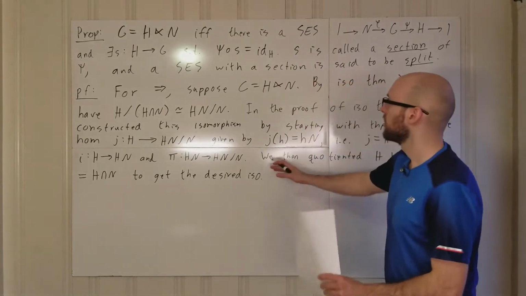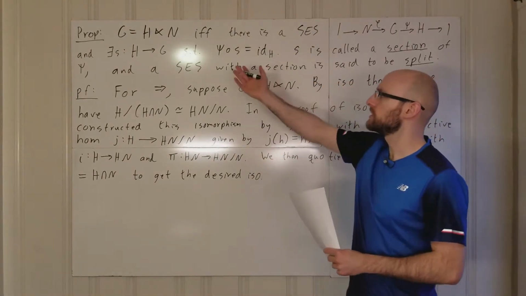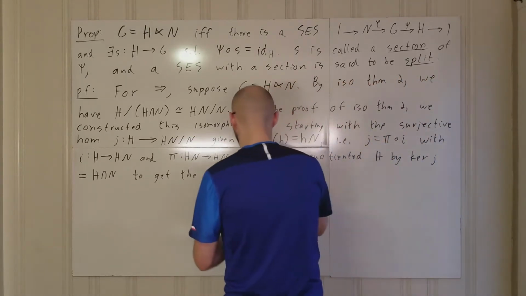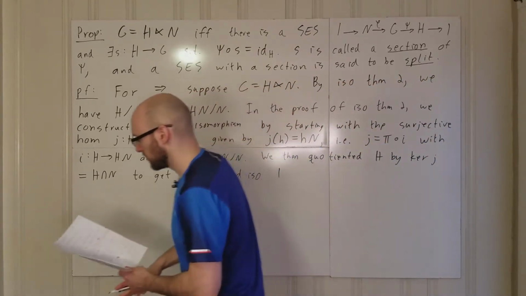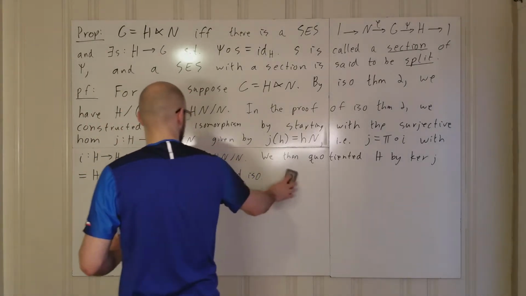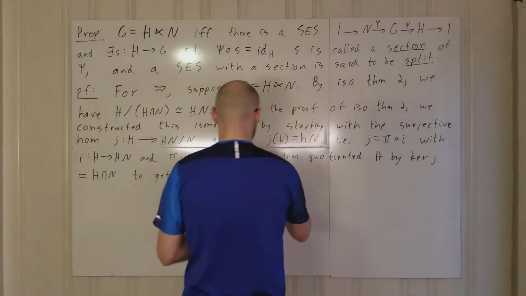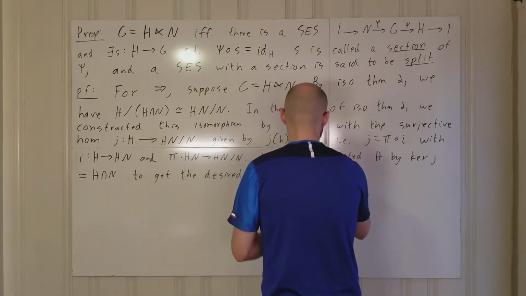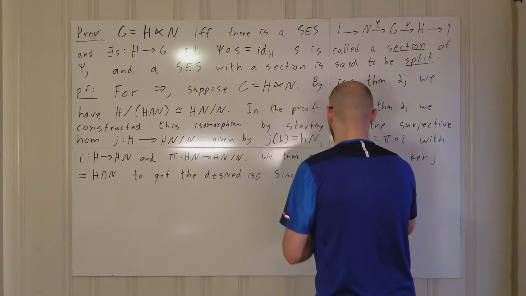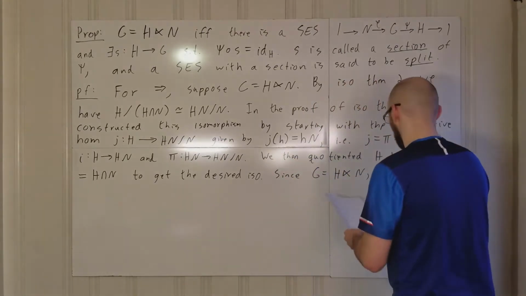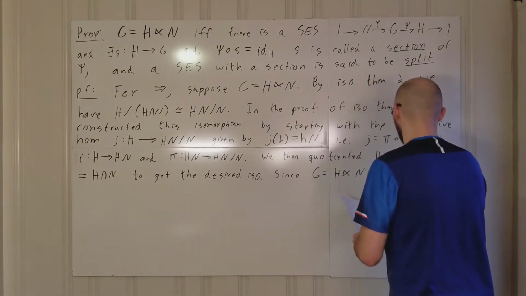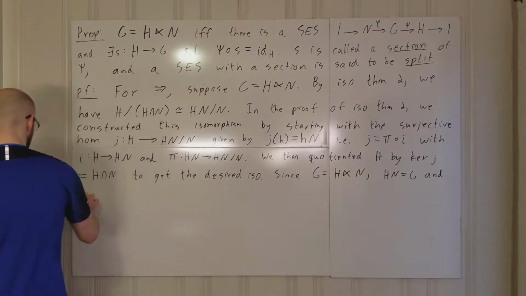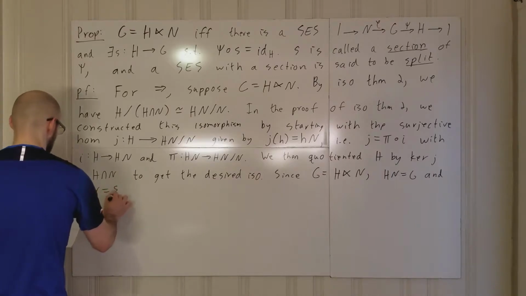But let's remember what our particular case is. We're considering the case where G is the semidirect product of H and N. Since G is the semidirect product of H with N, we know that HN is equal to G, and we know that H intersect N is the identity.